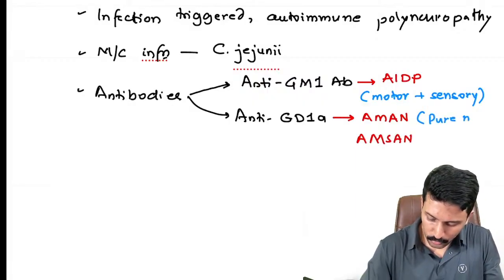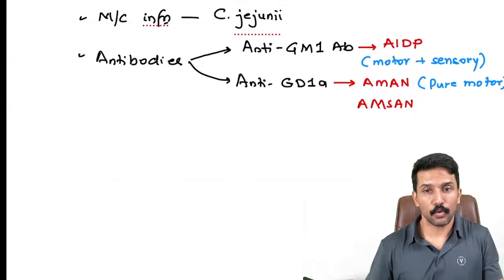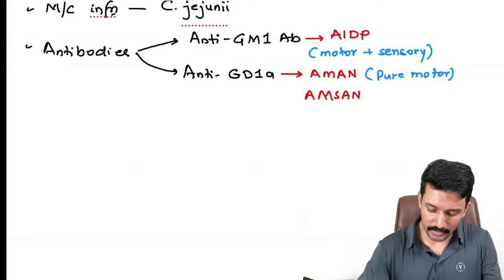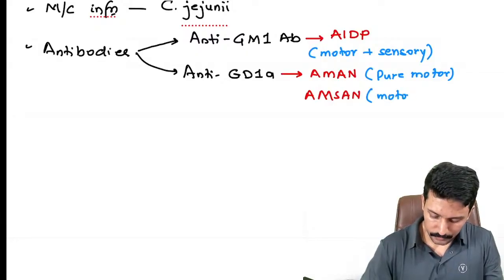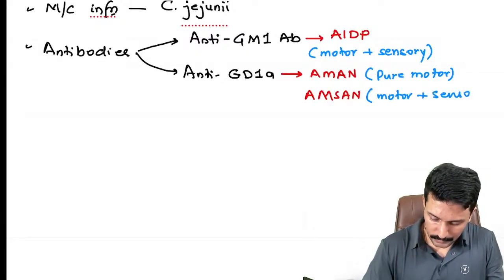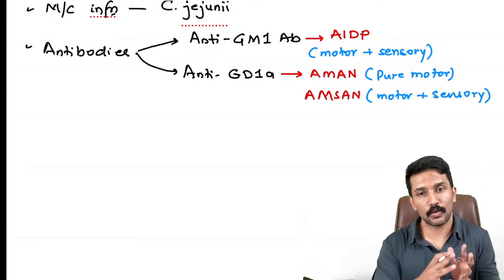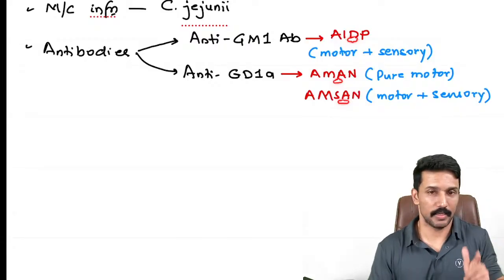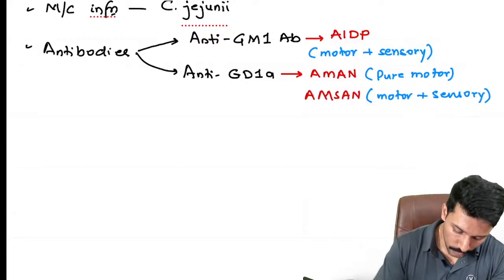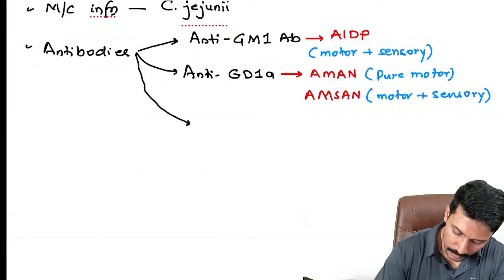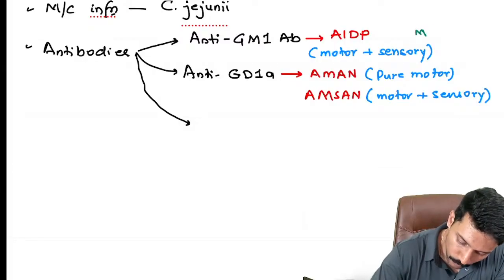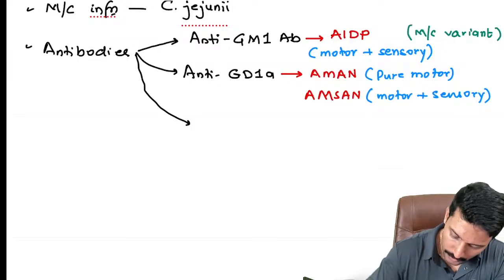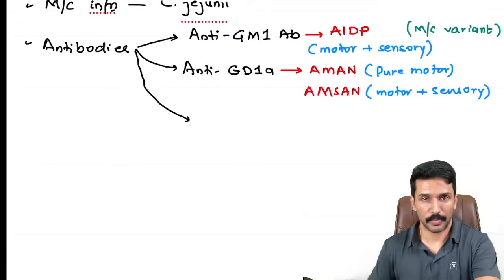So AMAN is a pure motor variant where only motor neurons are affected, and if time is given, eventually sensory neurons will get affected, and then it becomes AMSAN, motor plus sensory. So here the injury is axonal. AIDP is the demyelinating type. Remember, AIDP is the most common variant of GB syndrome, and AMAN and AMSAN are the second most common.